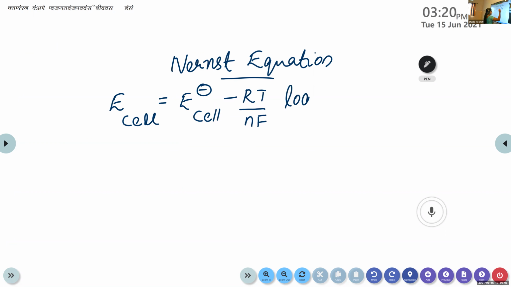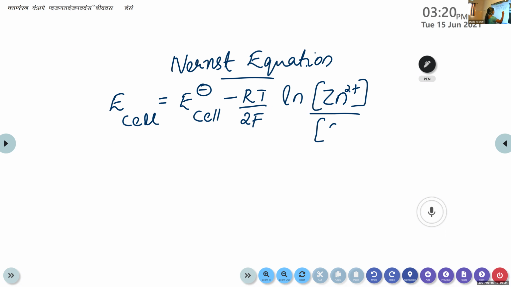Then log. Okay, we can write it in terms of the galvanic cell. Now it becomes 2F: RT by 2F ln, first you write the concentration of Zn2+ divided by the concentration of Cu2+, right? This is the Nernst equation to find the cell potential of the Daniell cell.